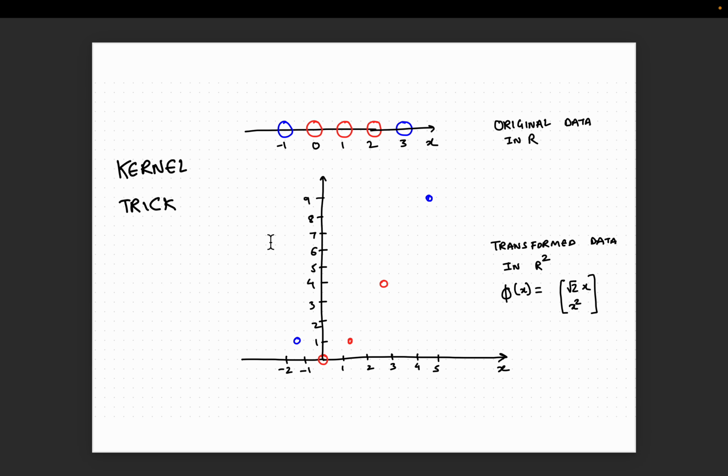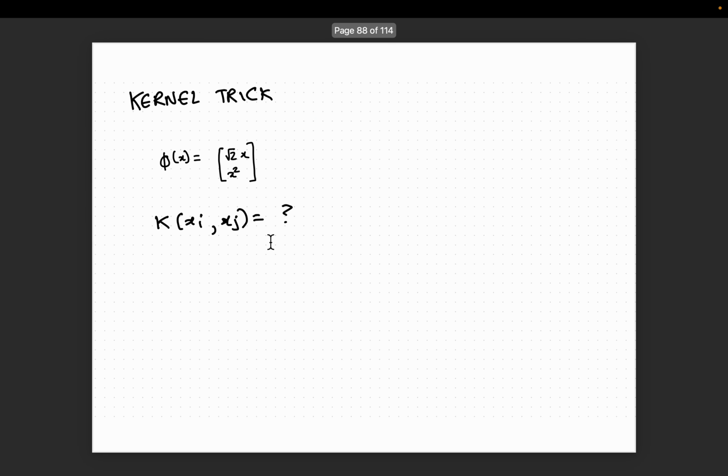So we looked at this example where phi of x was root 2x and x squared. This is the transformation. So if this is phi of x, can you tell me what is the kernel function which corresponds to this transformation?